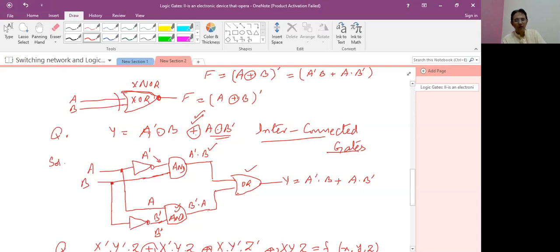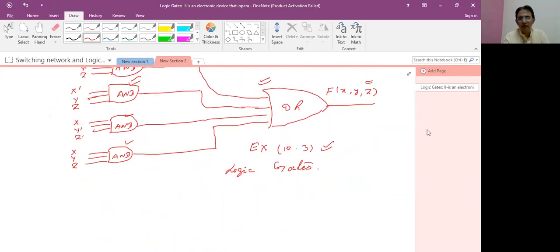Then we connect the B input and we draw a NOT gate for B, so this is called B complement, and B complement is connected with an AND gate, so it means B complement dot A. And both are connected with an OR gate, so this is called the output. Y is equal to A complement dot B plus, the plus sign represents the OR gate. So that's why we draw it as it is.